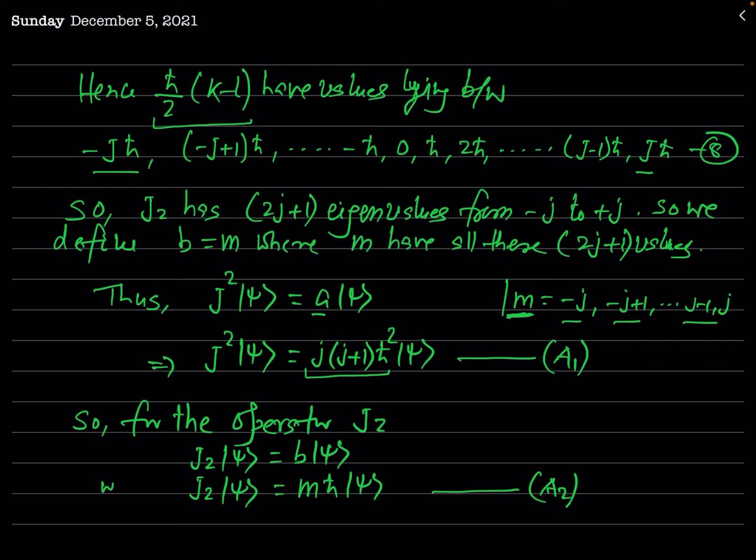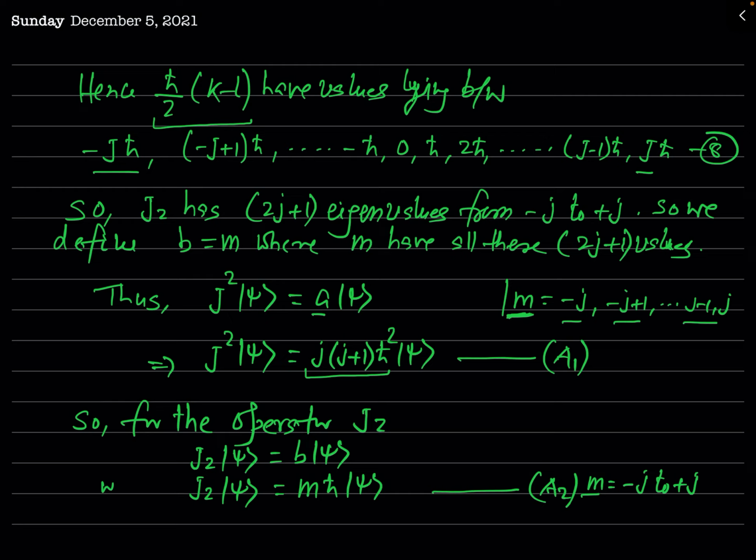So here m is a quantum number which is equal to minus j to plus j in steps of 1. So the total values of m for a given value of j is equal to 2j plus 1.